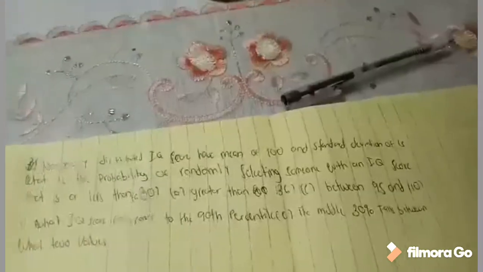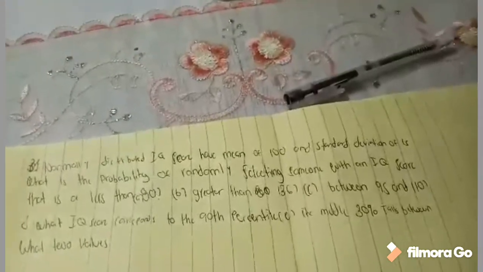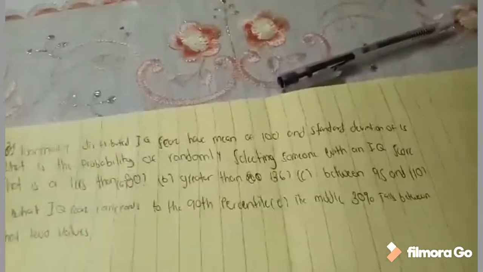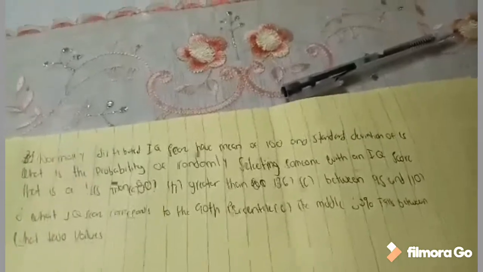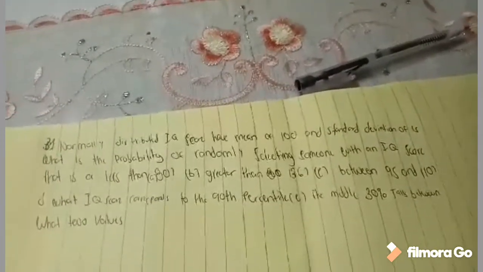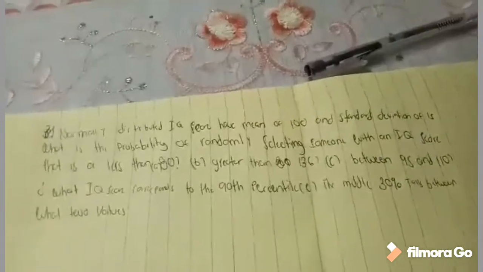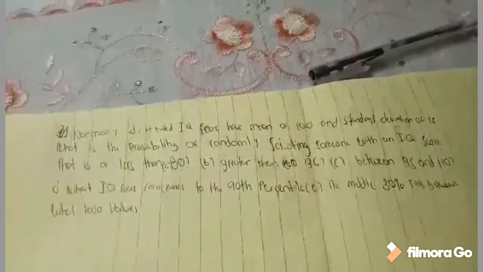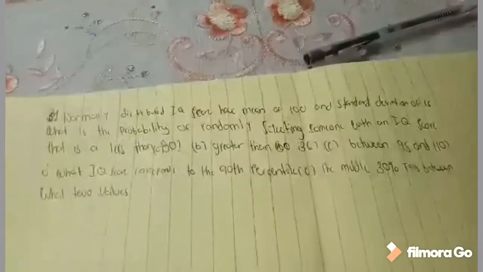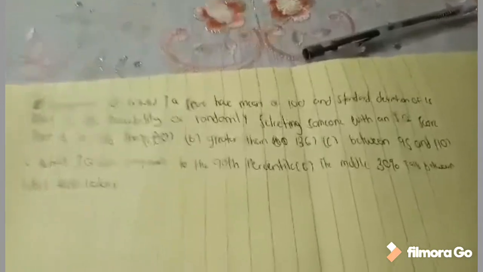What is the probability of randomly selecting someone with an IQ score that is A, less than 80, B, greater than 136, C, between 95 and 110, D, what IQ score corresponds to the 90th percentile, and E, the middle 30% of IQ falls between what two values?